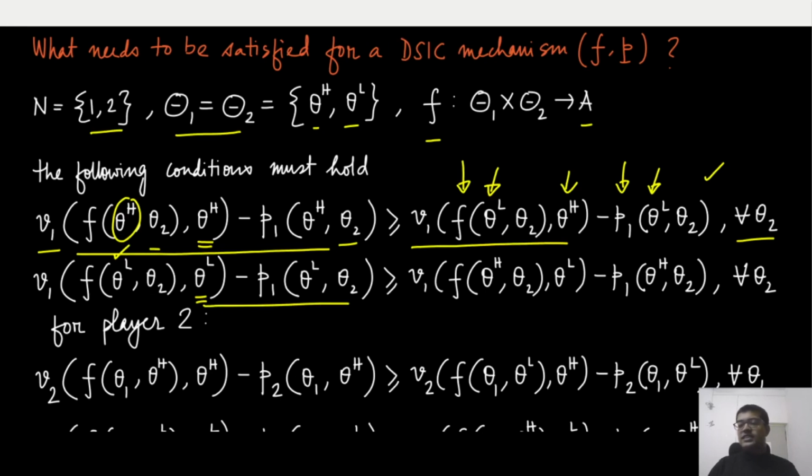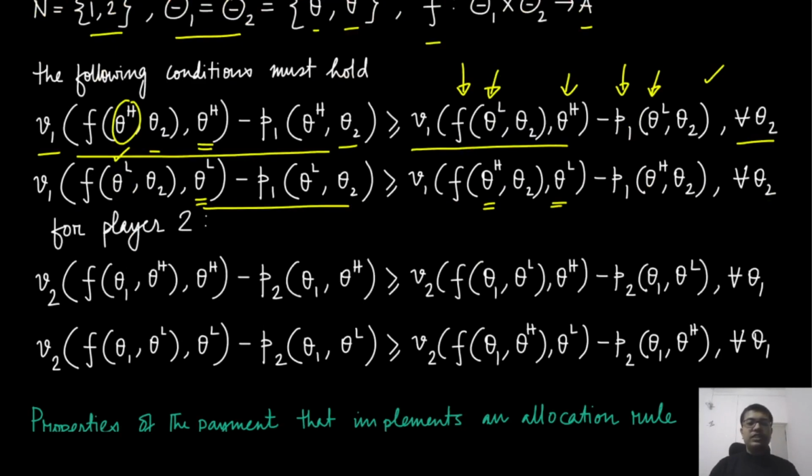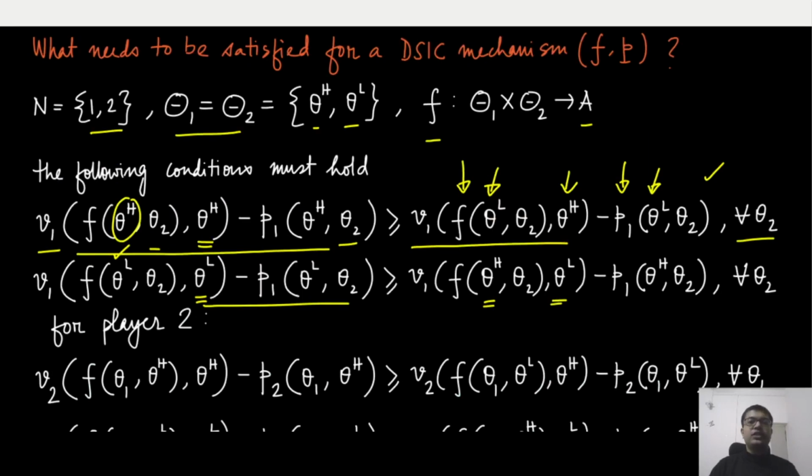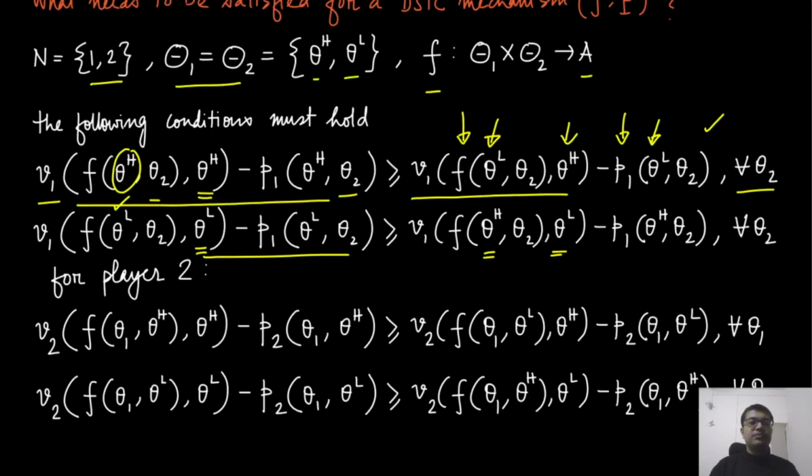So in that case, this utility is actually going to be larger than if his true type is theta of L and he is reporting theta of H. Similarly, you can write the expression for player 2 in a very similar way. So that is the interpretation of the DSIC mechanism for two players and two types.